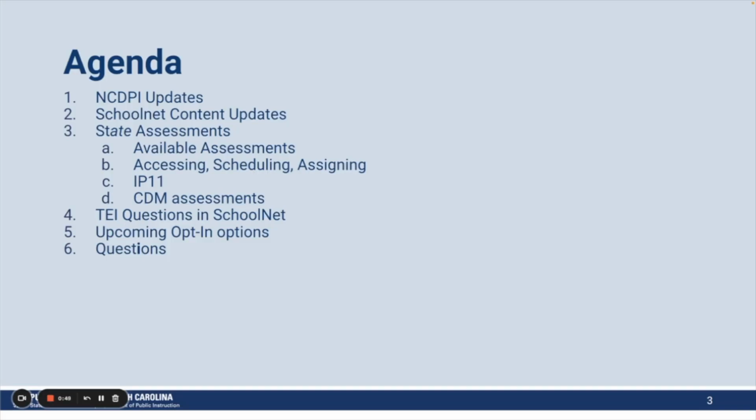So our agenda for today, we're going to talk about some updates from NCDPI, SchoolNet content updates, as well as state assessments available, including some new options. We're also going to talk about technology enhanced items in SchoolNet with the latest news of TEI questions being on 3 through 8 EOGs for ELA and math.